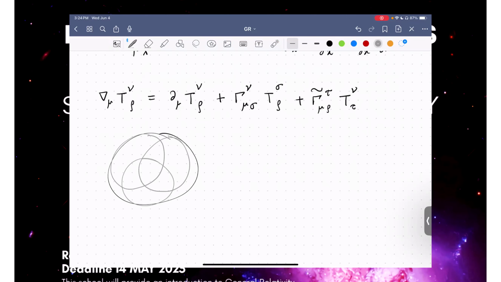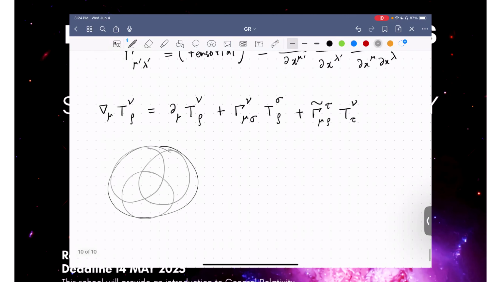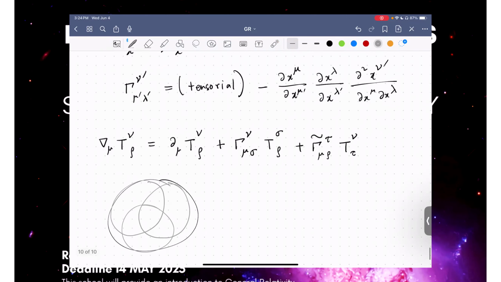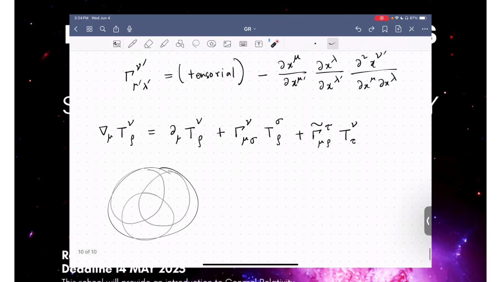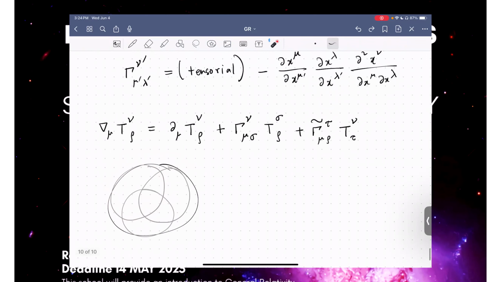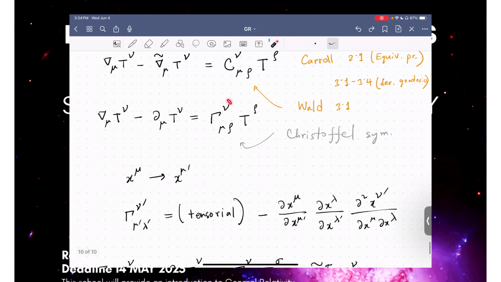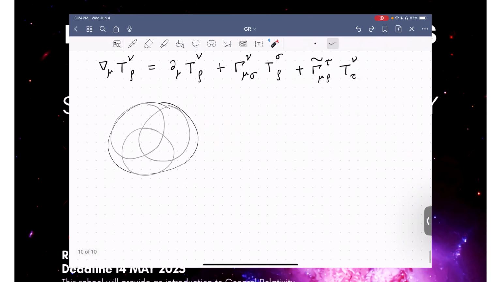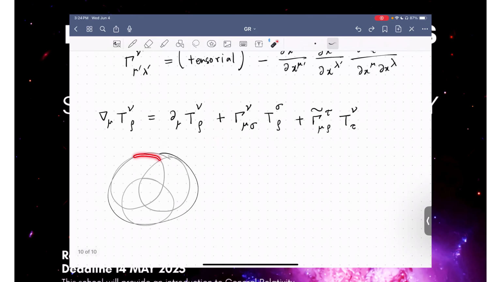Okay, you have to have enough so that it covers the whole manifold. Now, what this tells you is that you can take a coordinate chart and write down basically any quantity that has three indices, okay? Completely arbitrary.